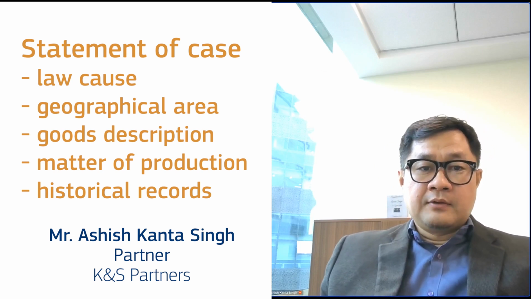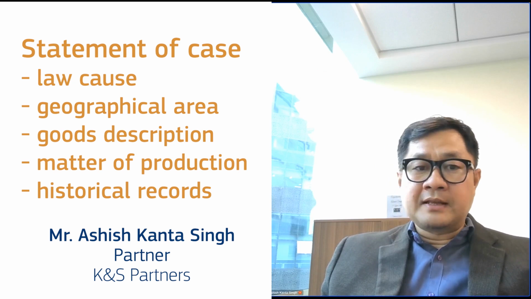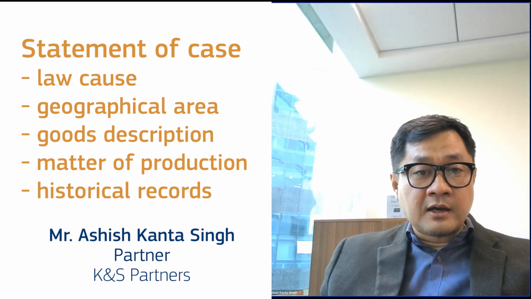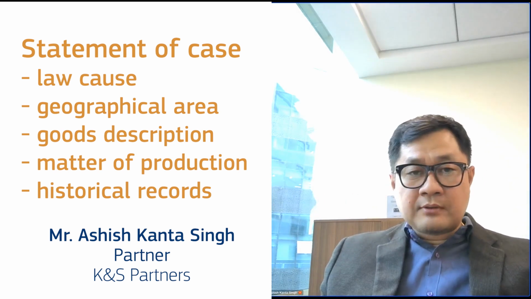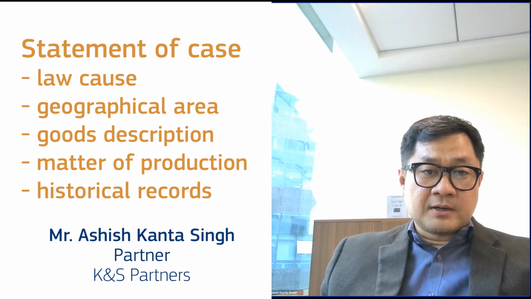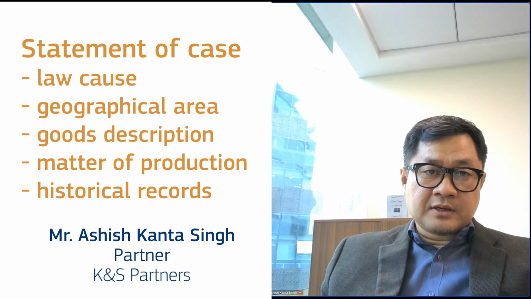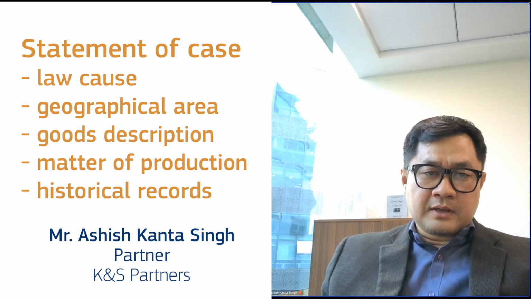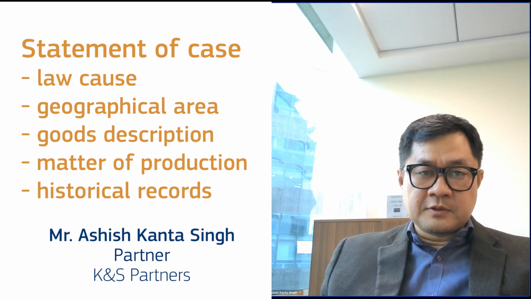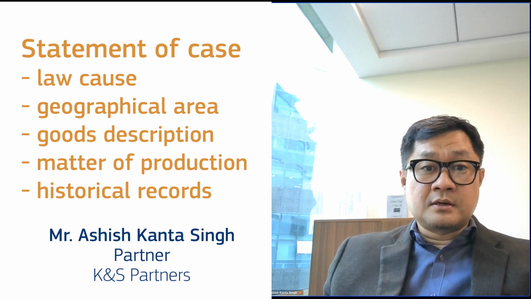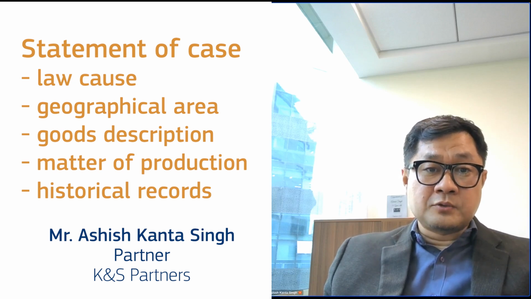For example, when we filed the application for the famous basmati rice GI in India, we gave an extract from a poem called Hir Ranjha, dating back to some 1776 or so, where the reference to basmati was first made. That's the earliest known reference to basmati.